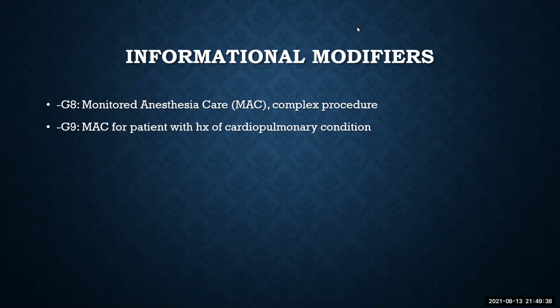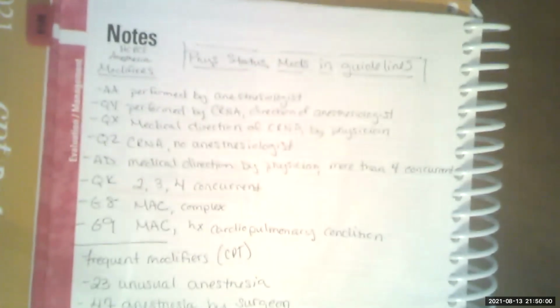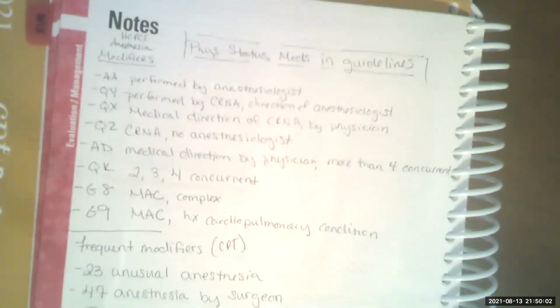I'm going to take a second here to go to my CPT manual because I wanted to show you how I've annotated this, because I know that's helpful for some of you. Okay, so this is the notes page, on page 70.